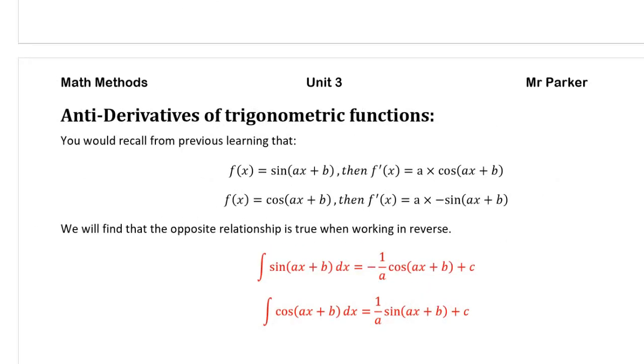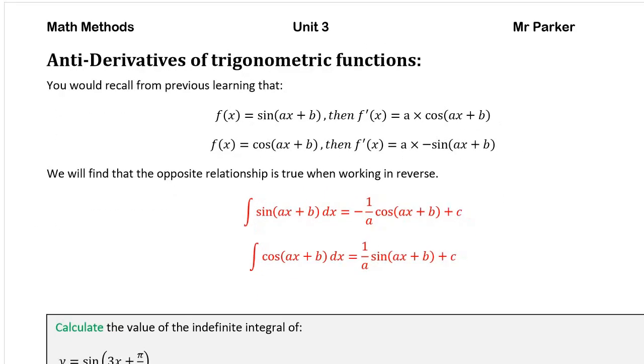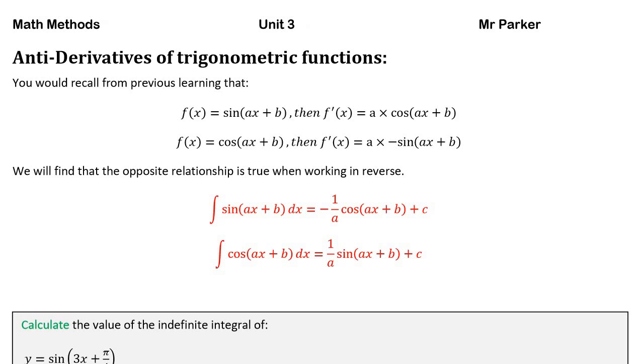Today, guys, we are going to look at antiderivatives of trig functions. So, before we look at that, if I told you guys that y equaled sine x squared, and I differentiated it, if I found y dash, what happens to sine when you differentiate it?